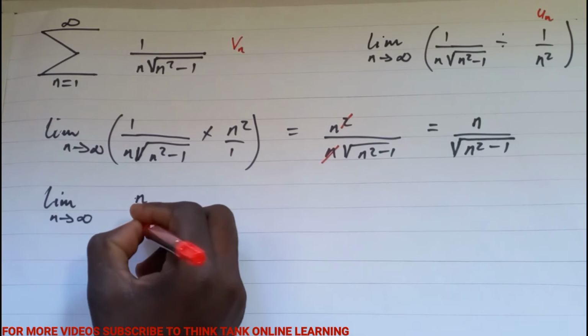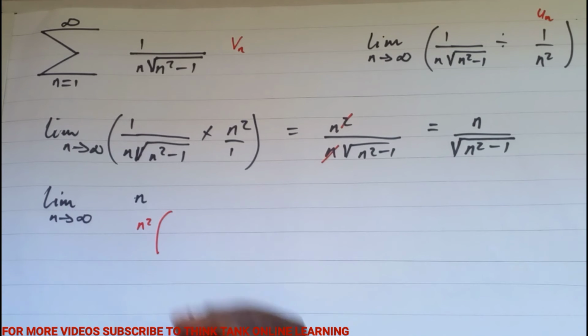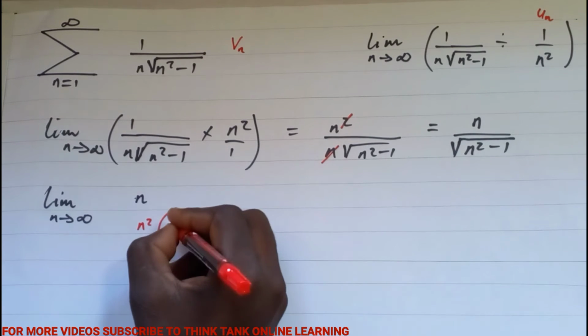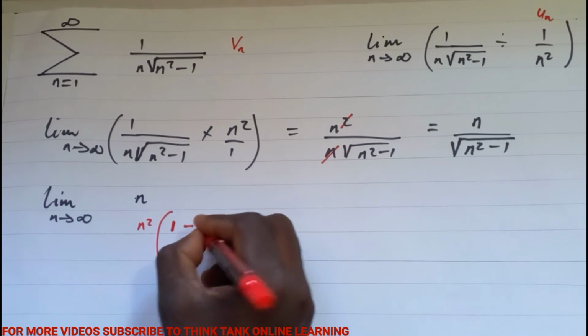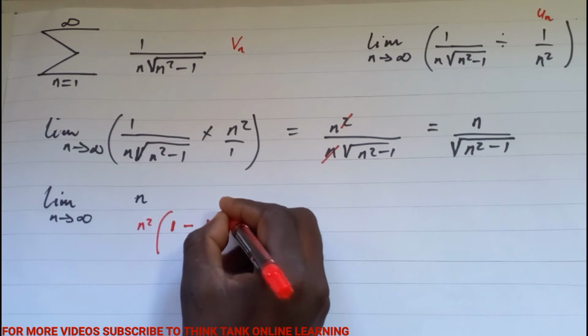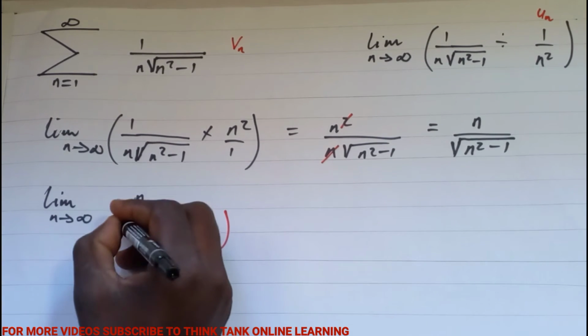I'm going to factor out n. If I factor out n, I'm going to have 1 minus 1 over n squared, and this whole thing is under the square root.